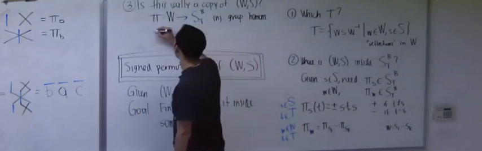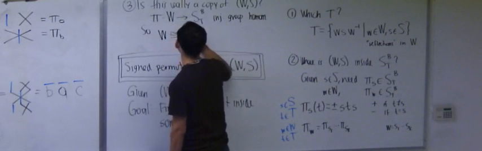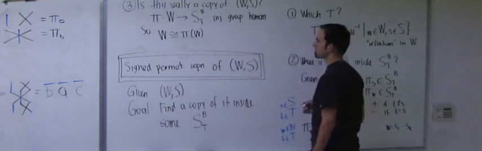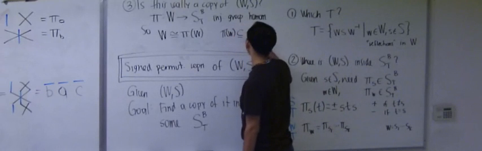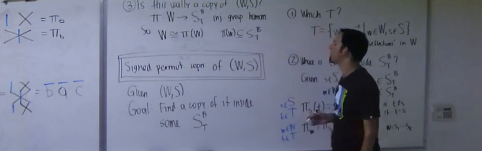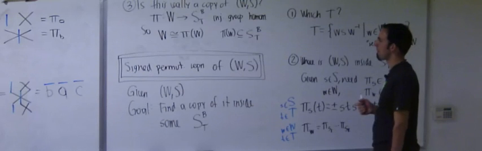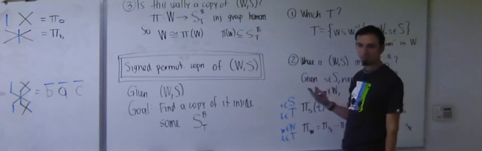Yeah? So W is isomorphic to pi of W, where pi of W is a subgroup of S_T^B. This is my plan. I need to prove all these things to you.